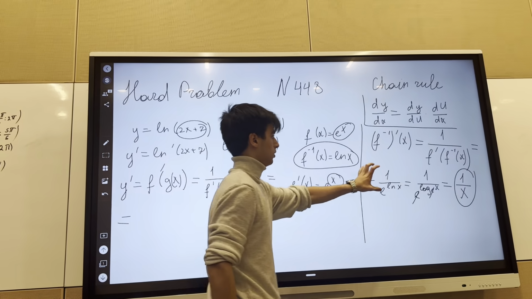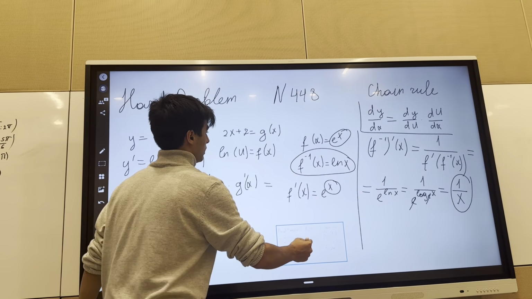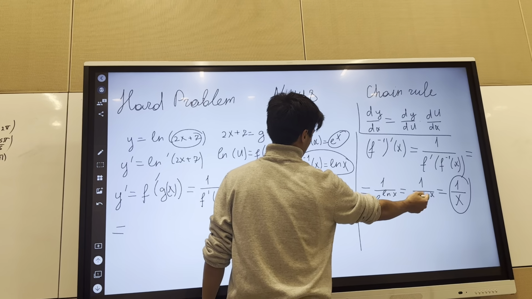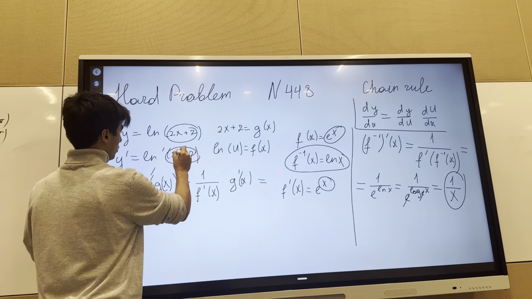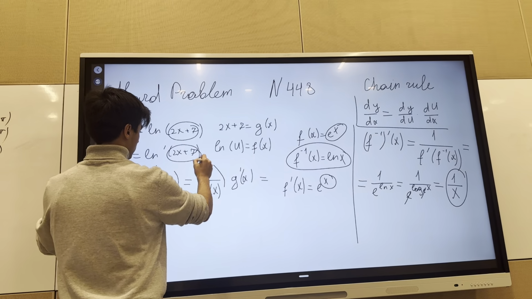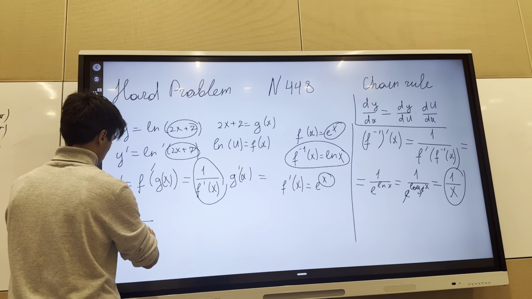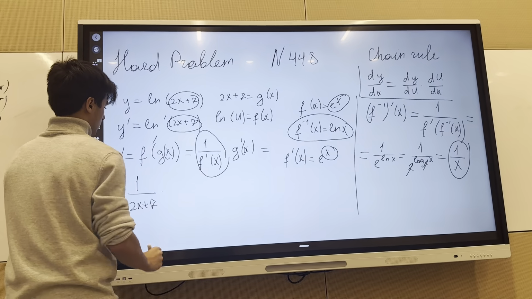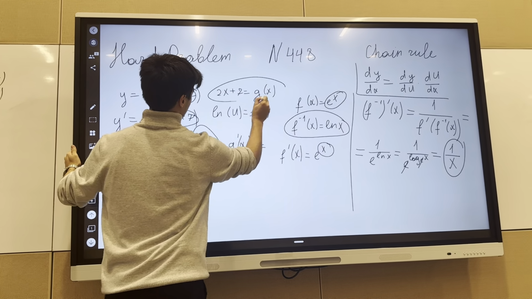From the derivative of the inverse function, we know that the derivative of ln x equals 1 divided by x, and our x in this case is 2x + 7, right? First, in this part we write 1 divided by 2x + 7. Then we must find the derivative of the g(x) function.